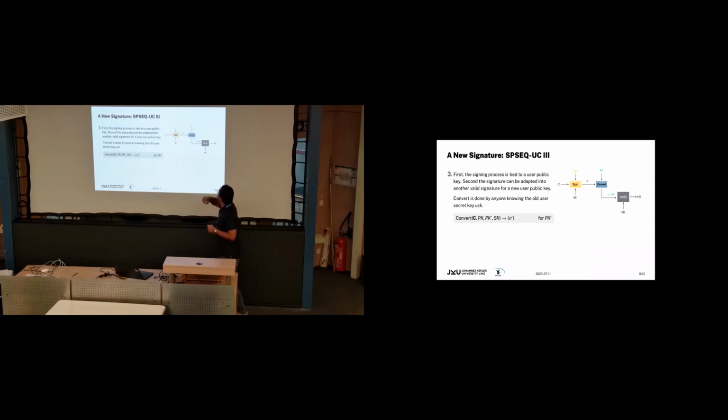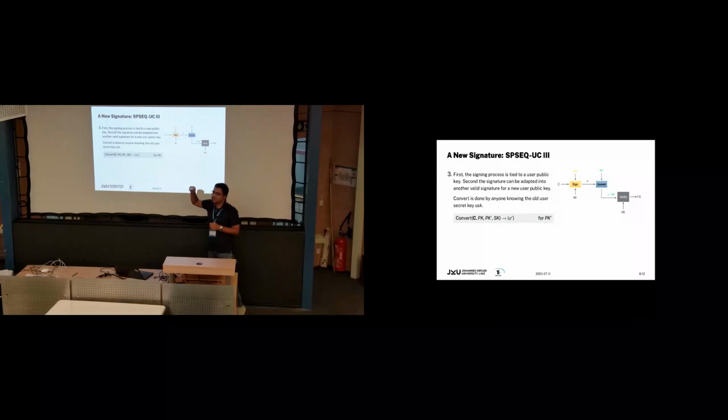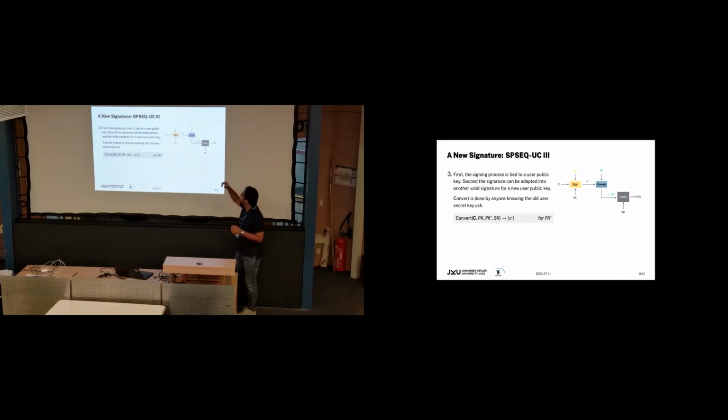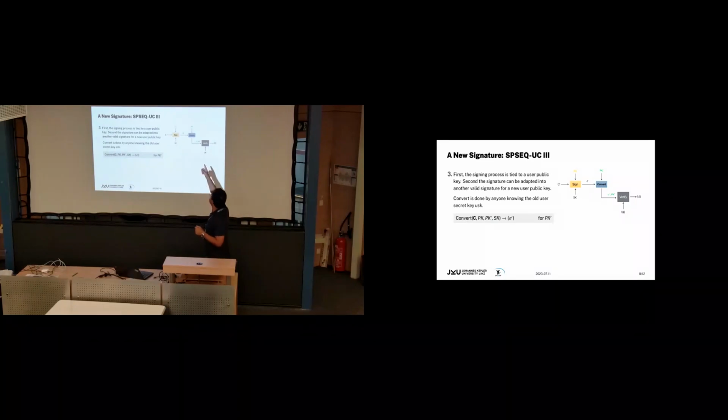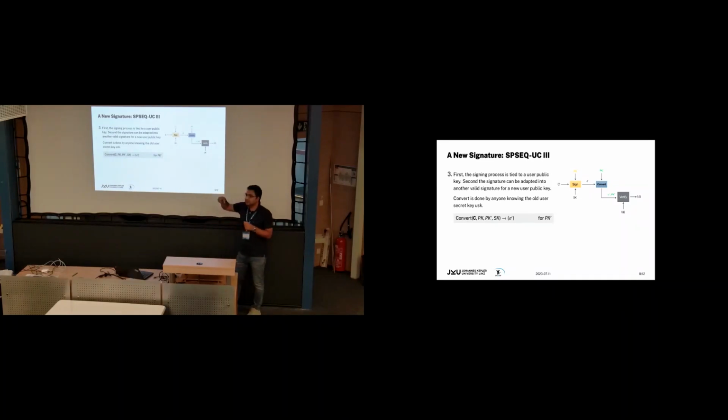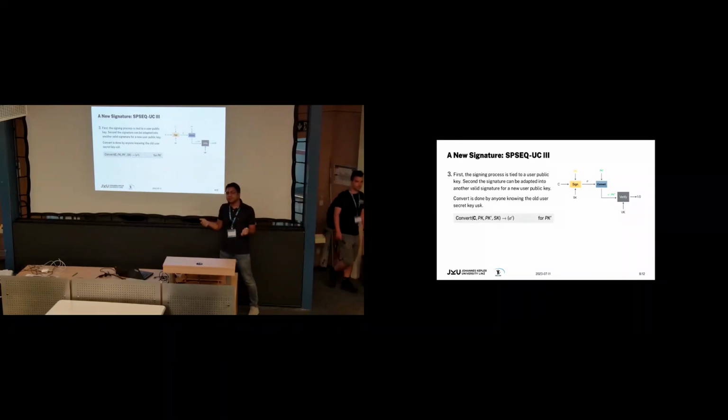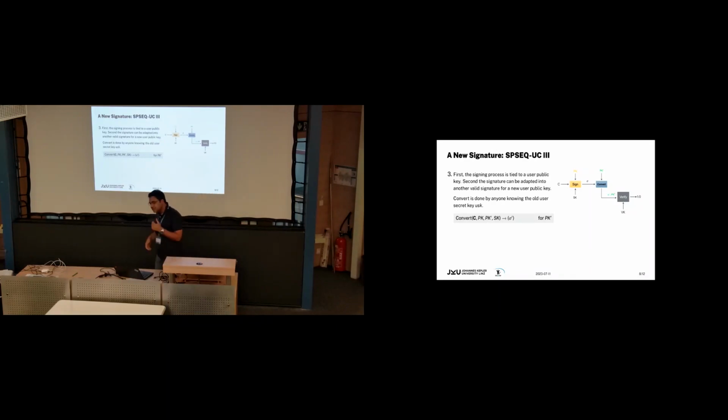If you check the picture, let's say the yellow PK is the user public key, and you have a signature for it. Convert receives this signature and a new user public key, the green one, and it's able to switch the user public key. The output signature is valid for this new user public key. This is important in applications.